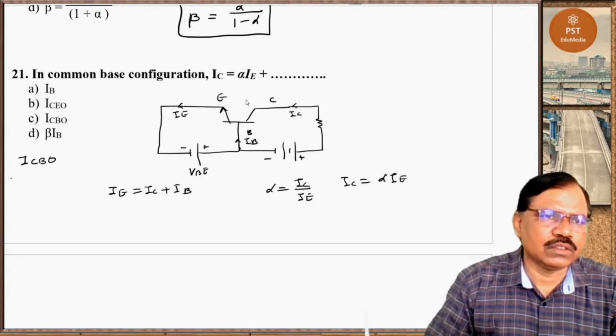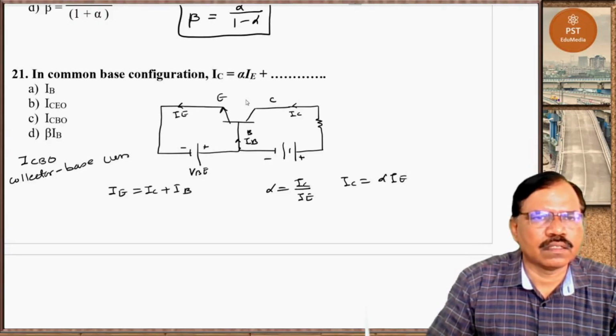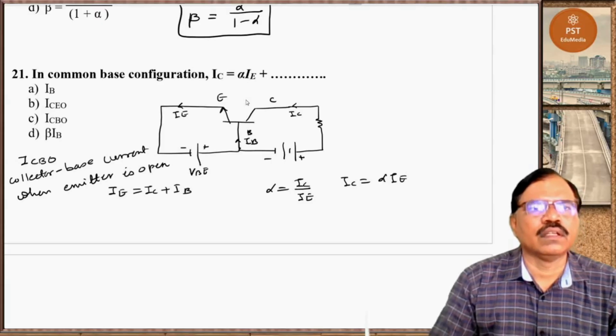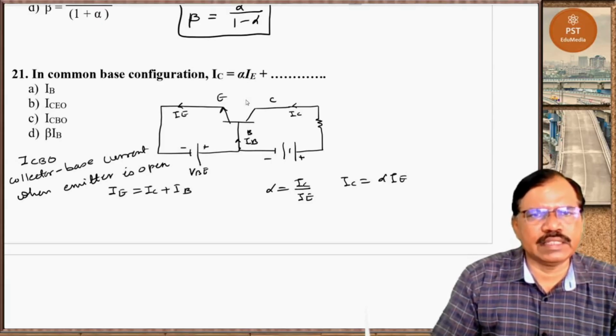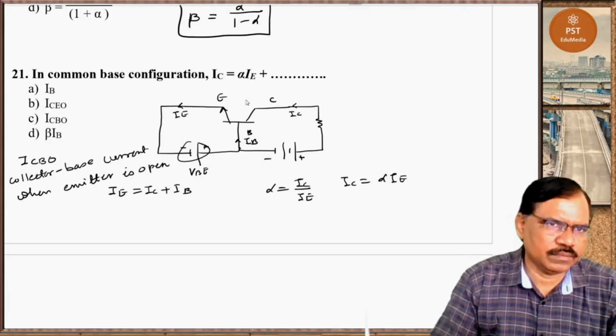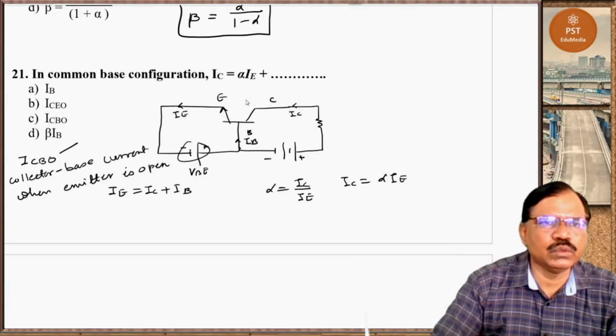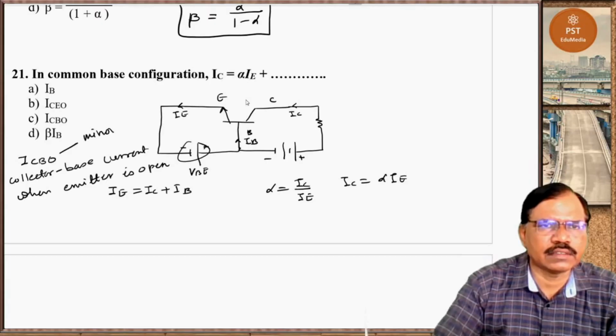And this current, it is called collector base current when emitter is open. So emitter is open means we disconnect this. Still we get some current through base and collector, that is ICBO, and this current it is due to minority charge carriers.